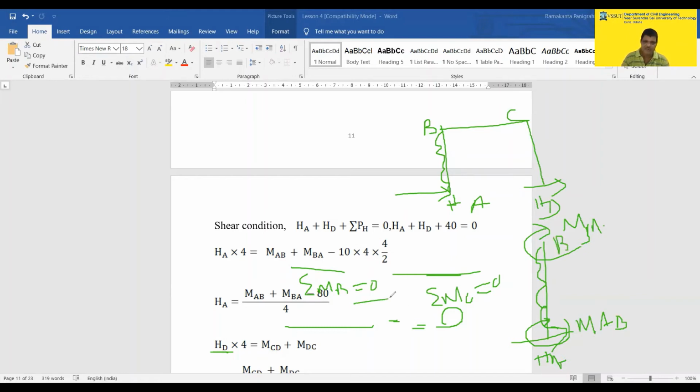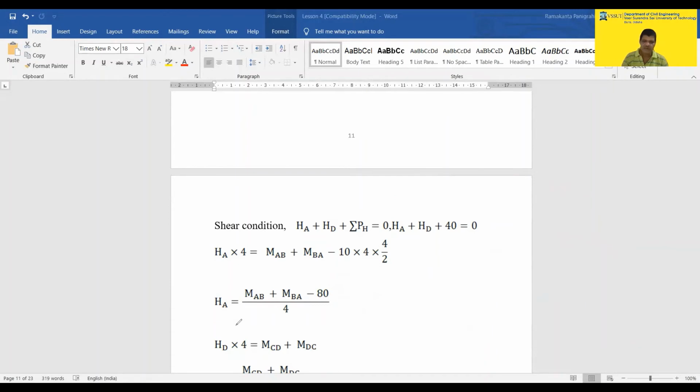Sigma MB equals 0, HA into 4 will give anti-clockwise moment. Anti-clockwise moments are equal to clockwise moments. This UDL will give anti-clockwise. So this is equal to MAB plus MBA minus WX square by 2, 10 into 4 into 4 by 2. So HA comes out with this. That is how we calculate the value of HA.